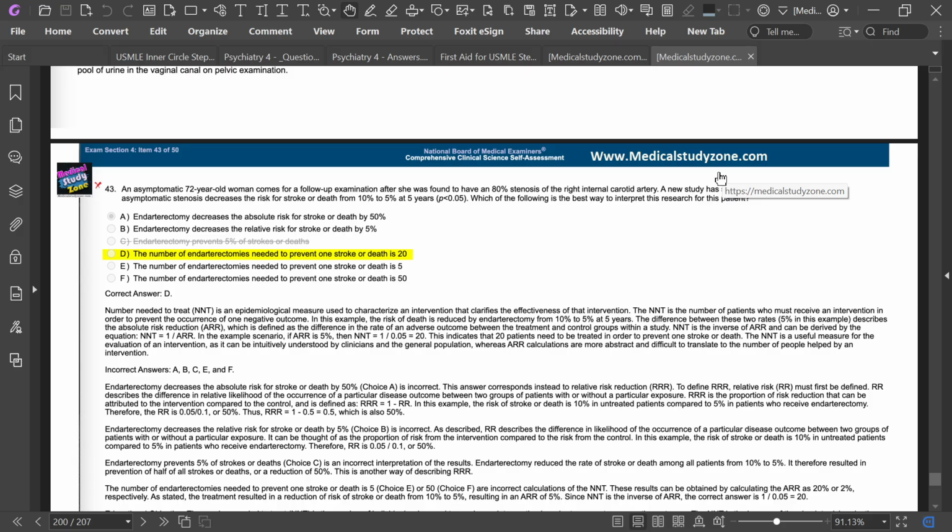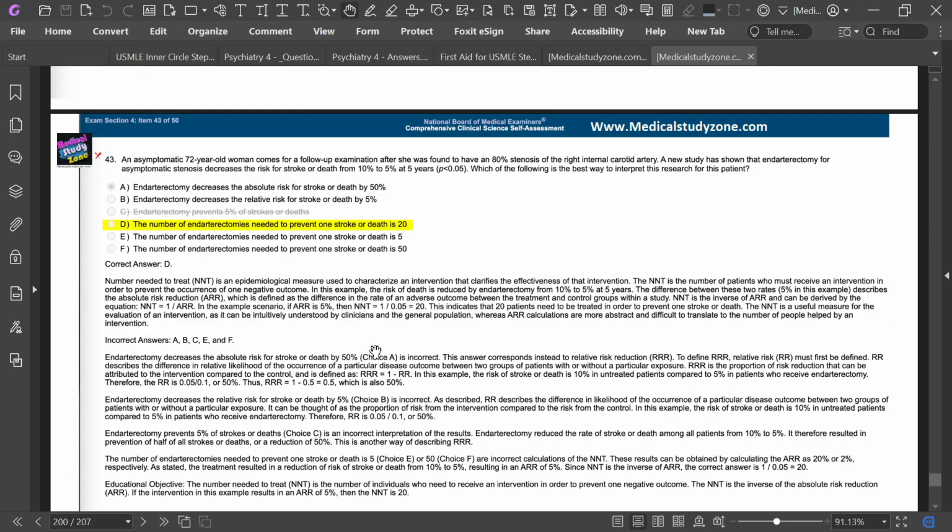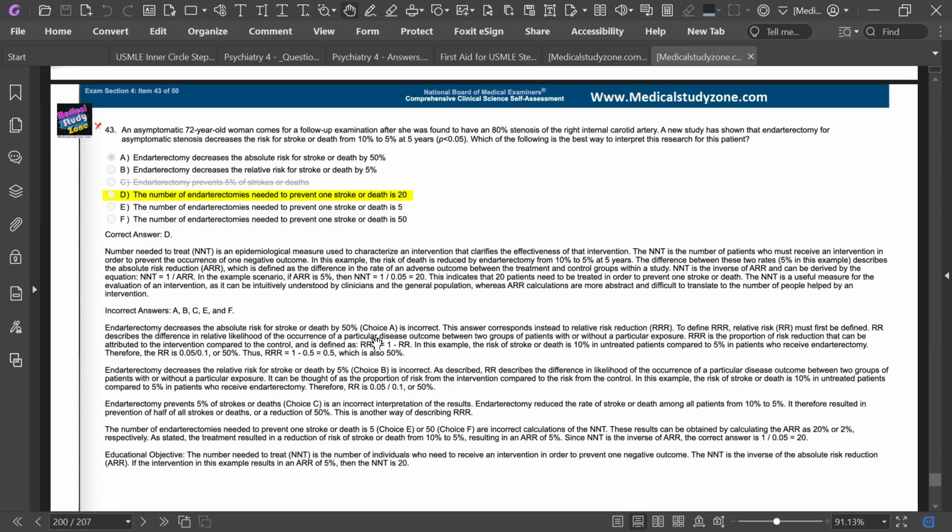Can you read the other options? Endarterectomy decreases the absolute risk for stroke or death by 50% is incorrect. The answer corresponds instead to relative risk reduction.